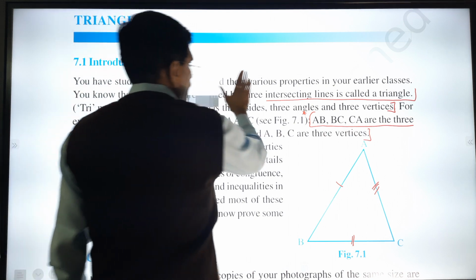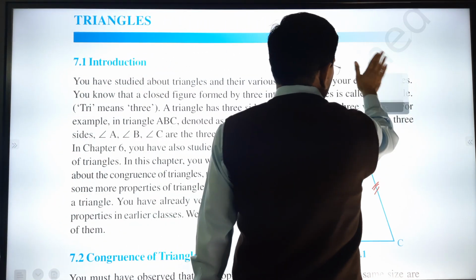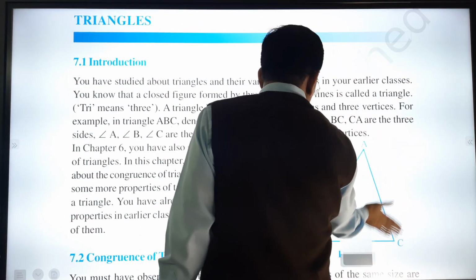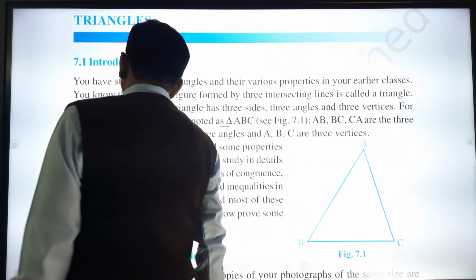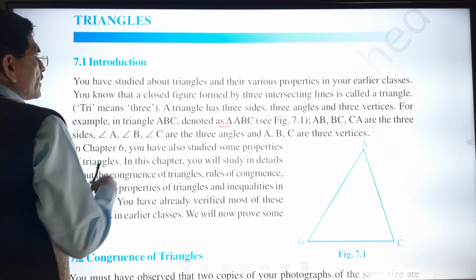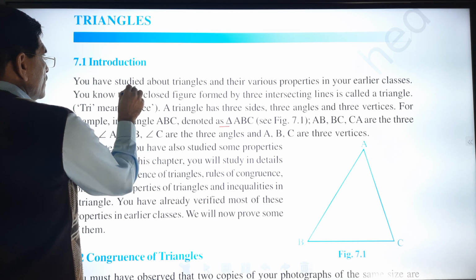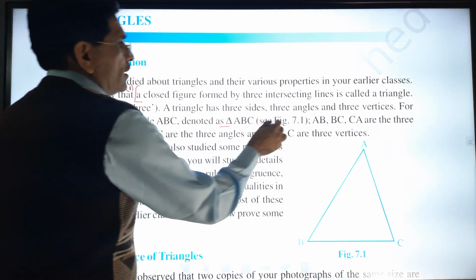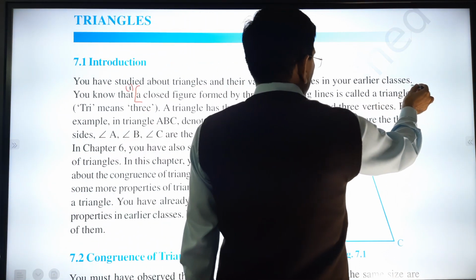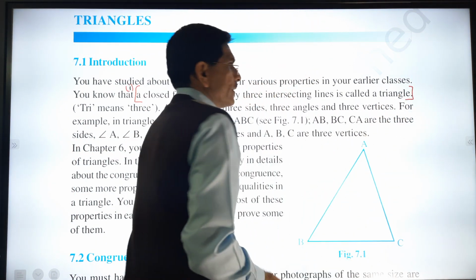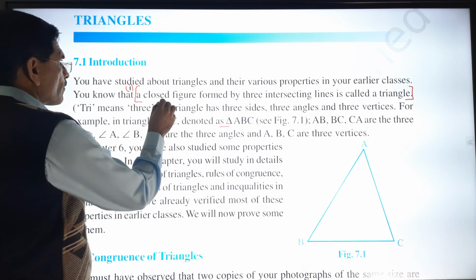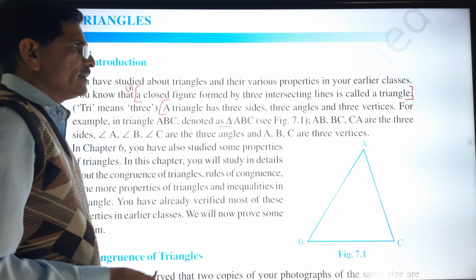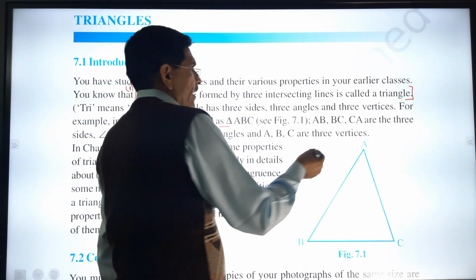So again, what you have to write today, and then you have to show me. First point, up to here you have to write. Second point: a triangle has three sides, three angles, and three vertices.